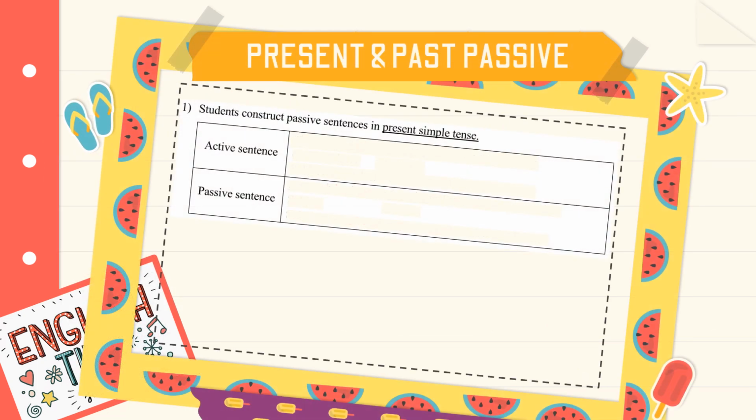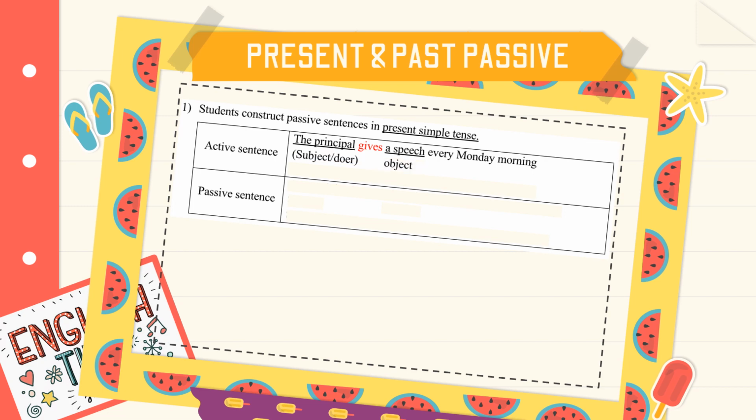Grade 5. For the first stop, we are discussing constructing passive sentences in present simple tense. Okay, let's look at the first sentence. The principal gives a speech every Monday morning. This is an active sentence. Why? Because the subject is the one that does the action. The subject is the doer.